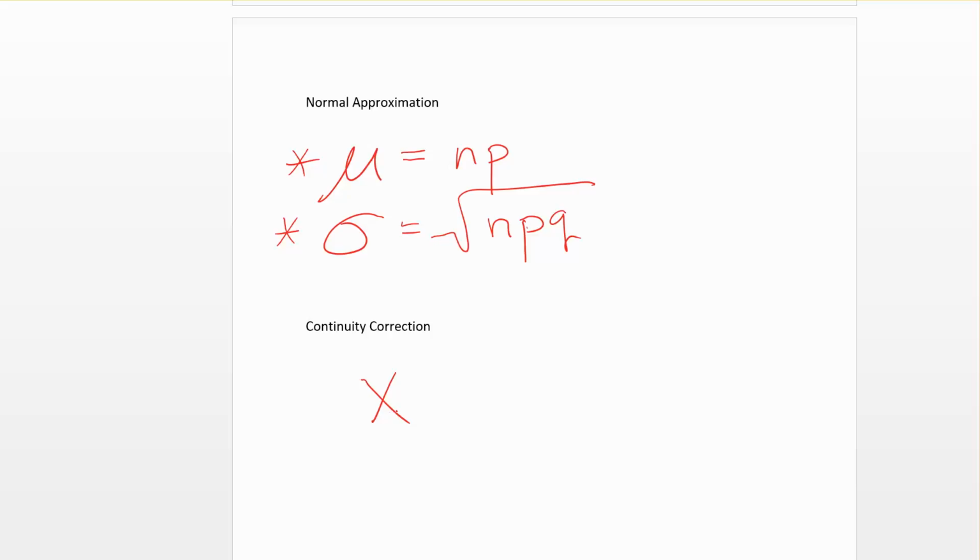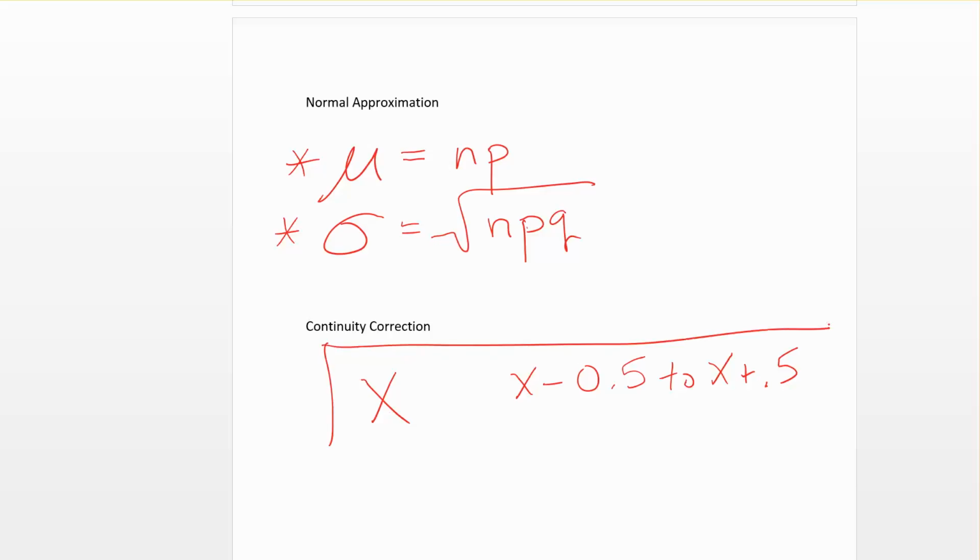So by using a continuity correction, x is actually represented by the interval from x minus 0.5 to x plus 0.5. And we're going to take a look at that here in a second on continuity correction. But this is one of those requirements that we have to do to a binomial distribution in order to use normal properties.